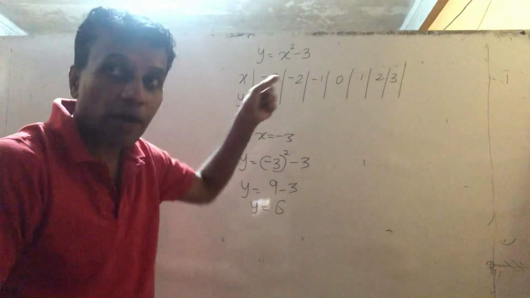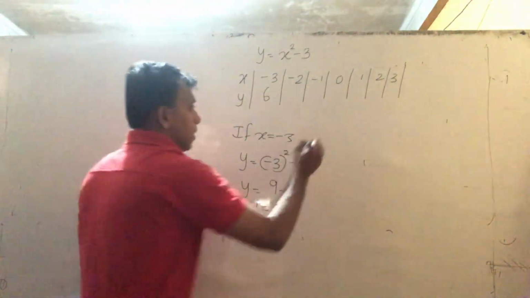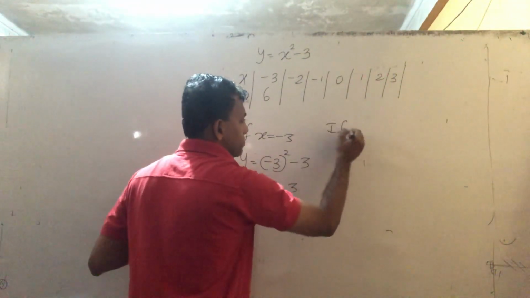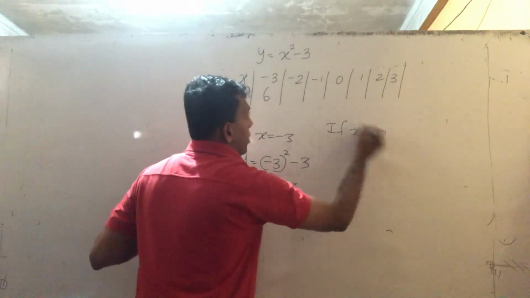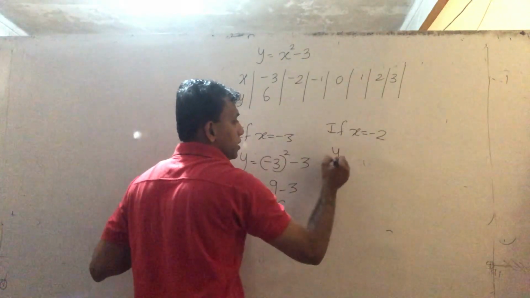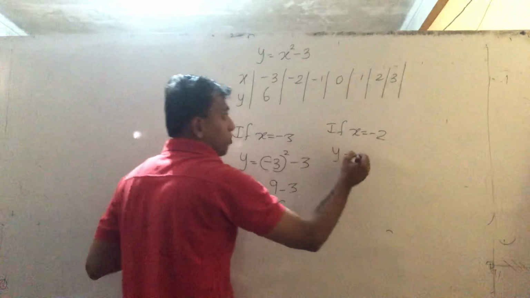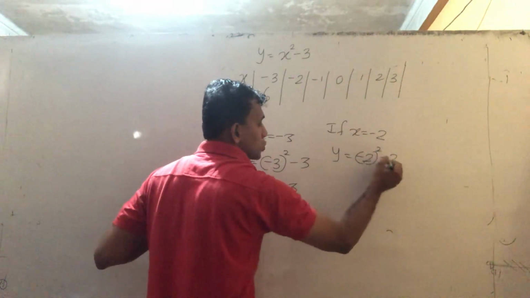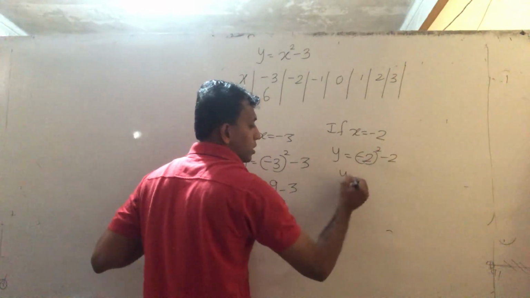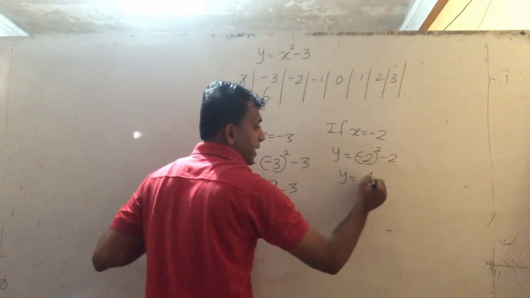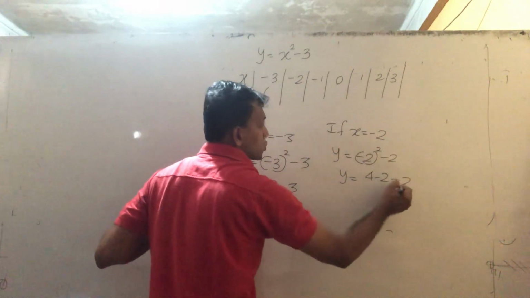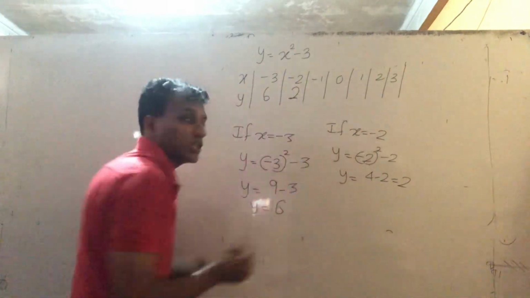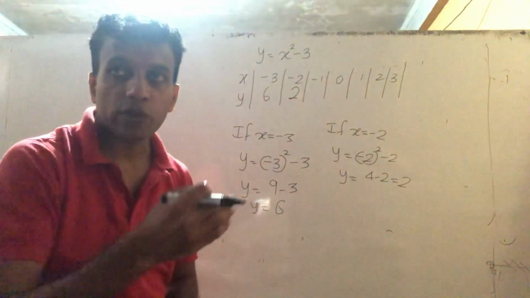Next, if x is minus 2, what is y? Put x as minus 2: minus 2 square minus 3. It is 4 minus 3, that is 1.